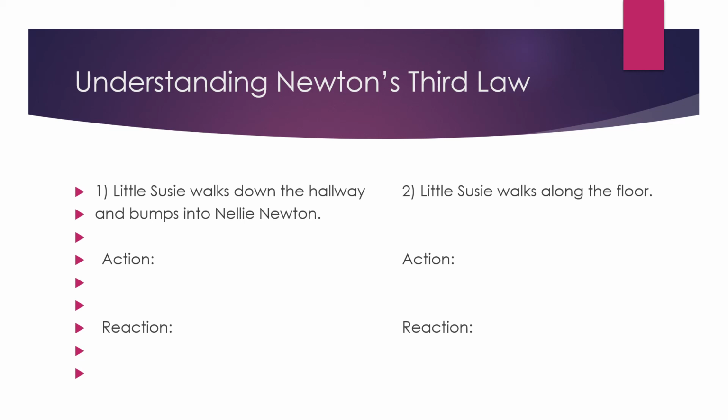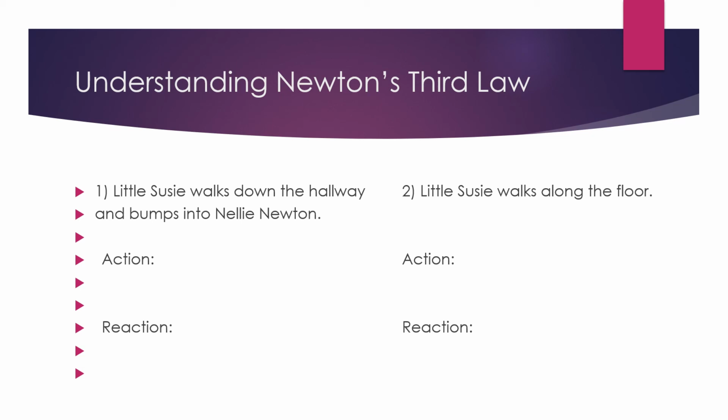We are going to have a worksheet and we're going to have a Khan Academy. I want to do a few questions on the worksheet together in this PowerPoint just so you have an idea as to how to do this. So action-reaction pairs. Little Susie walks down the hallway and bumps into Nellie Newton. How do I do this?